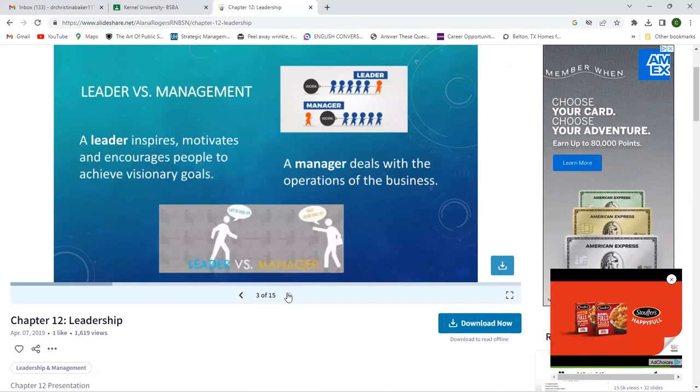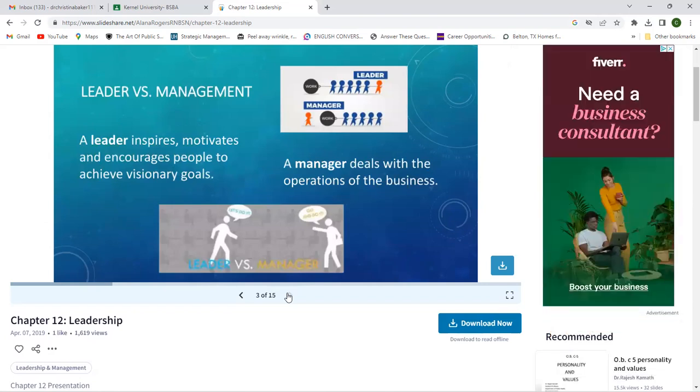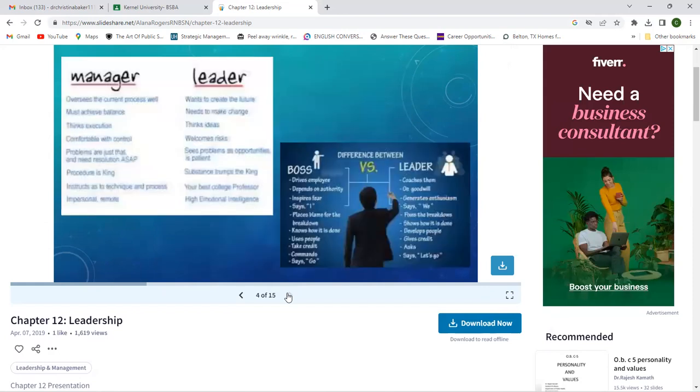Leader versus manager. A leader inspires, motivates, and encourages people to achieve visionary goals. A manager deals with the operations of business. A manager oversees current processes well, must achieve balance, thinks execution, and is comfortable with control. Problems are just that; we need resolution ASAP.